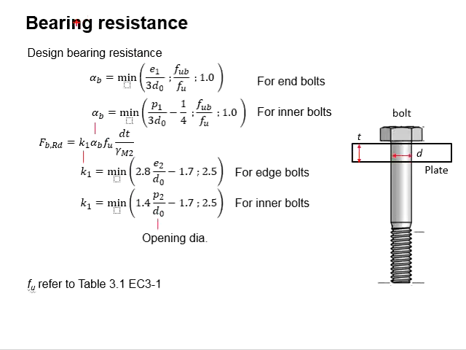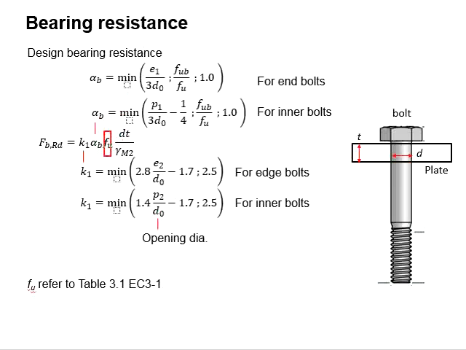To determine the bearing resistance of the steel plate, this equation is to be used. The dt here represents the bearing area, which is effectively the width of the bolt and the thickness of the plate. With that, the effective bearing area regions will be here.